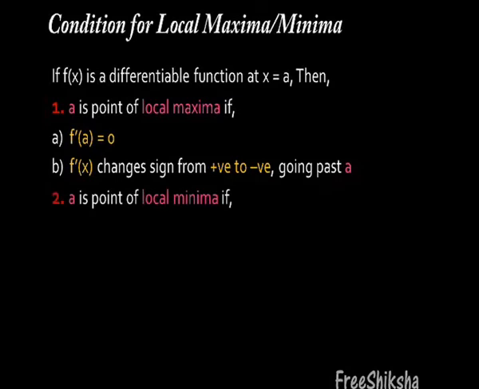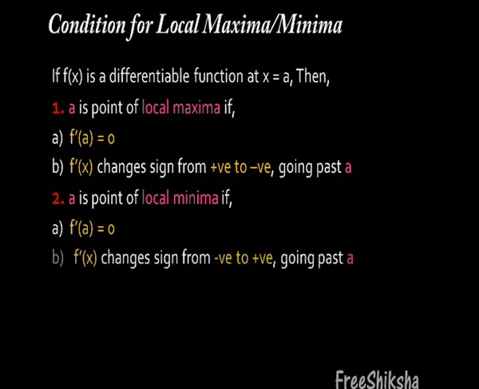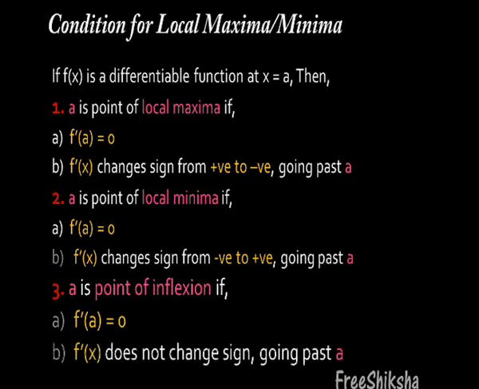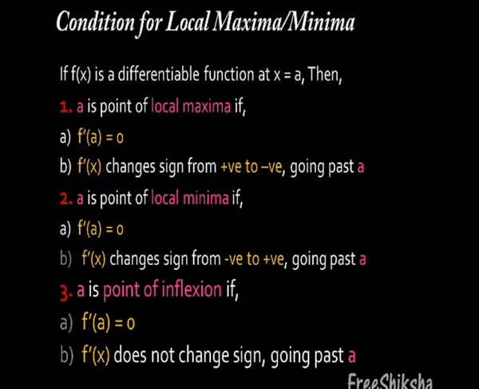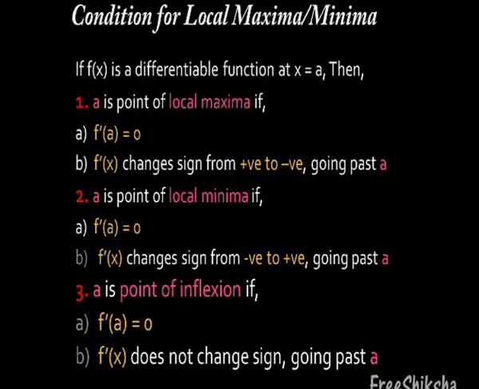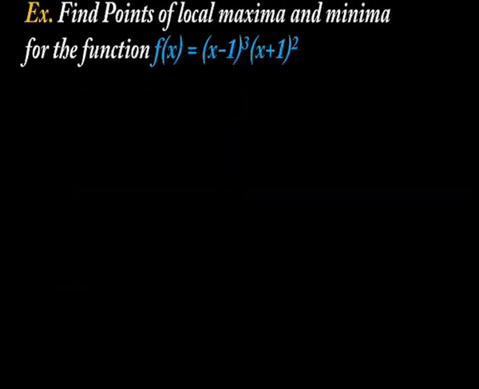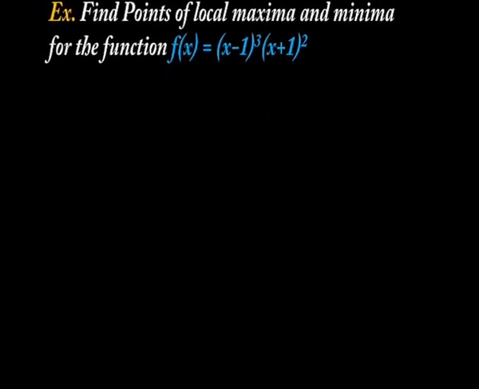If you want a local minima at x is equal to a, then of course f prime a should be equal to 0 and the sign of f prime x should change from negative to positive going past a. And if the sign doesn't change, you have f prime a equal to 0, then that's your point of inflection.